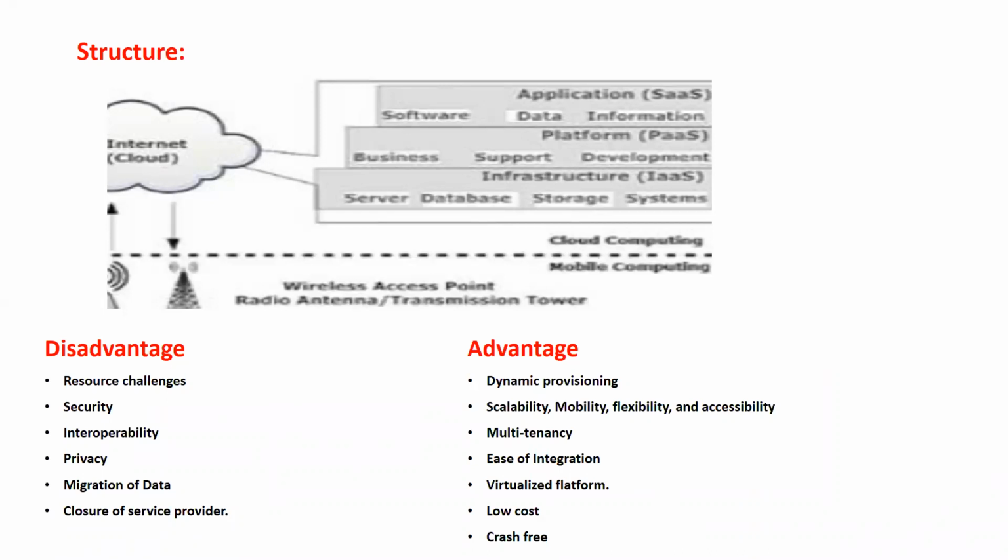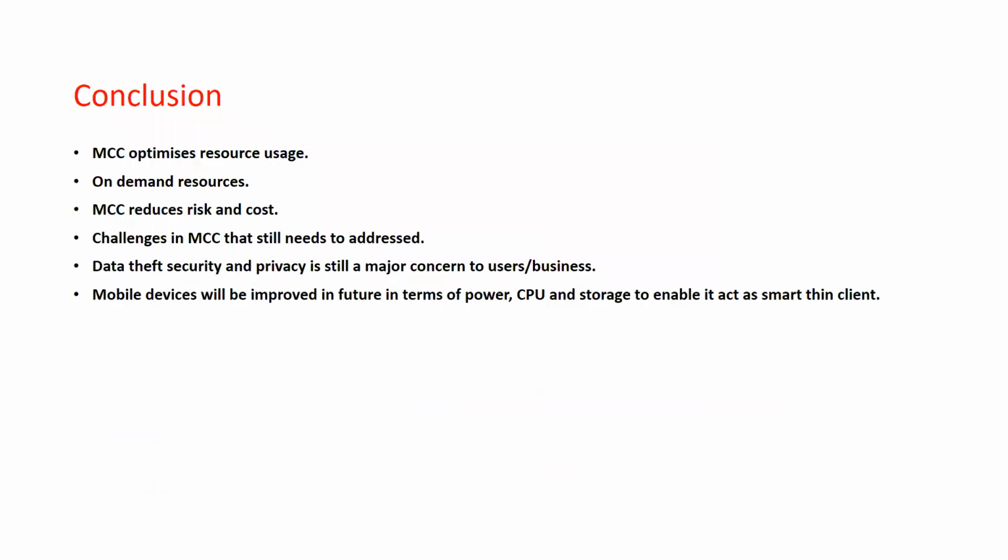Then we have what if there is a closure of the service provider, for example, Google. Technology is something that can close down or change, and no one actually dominates the technology. For example, if Google services close down, then what will actually happen to you and to your data? And what about migration of the data also?